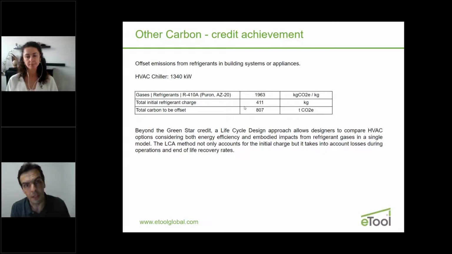A little bit beyond the Green Star credit, and highlighting the life cycle design approach, it allows designers to compare the HVAC options considering both energy efficiency as well as the embodied impact. So if you're testing different systems, could be small split systems or chillers, large commercial systems, take into account not only the energy efficiency and the coefficients of performance, but also the embodied impact of the gas.